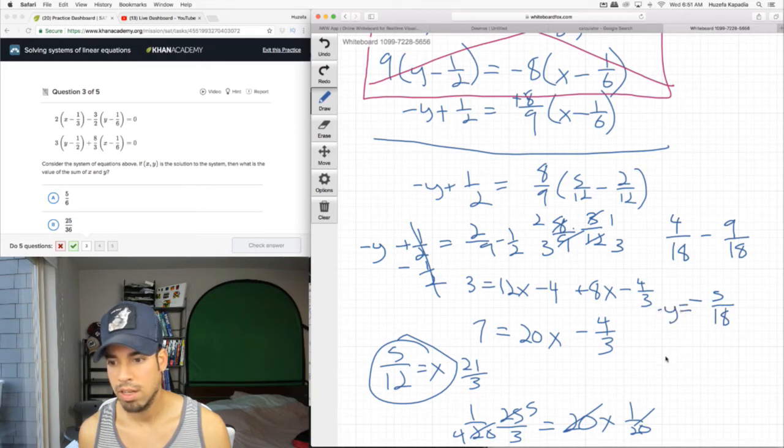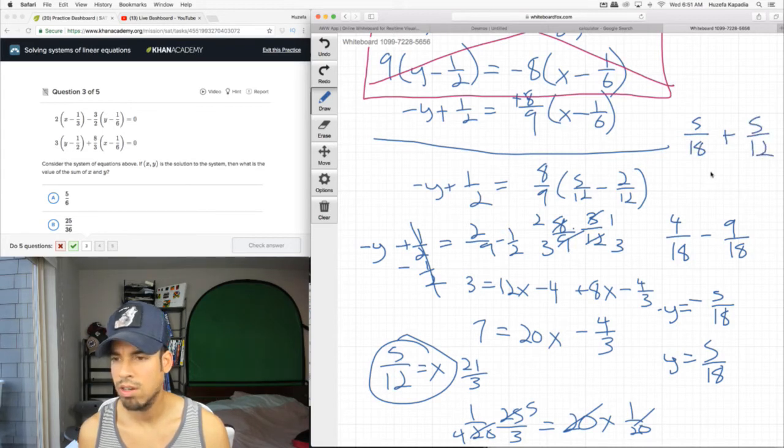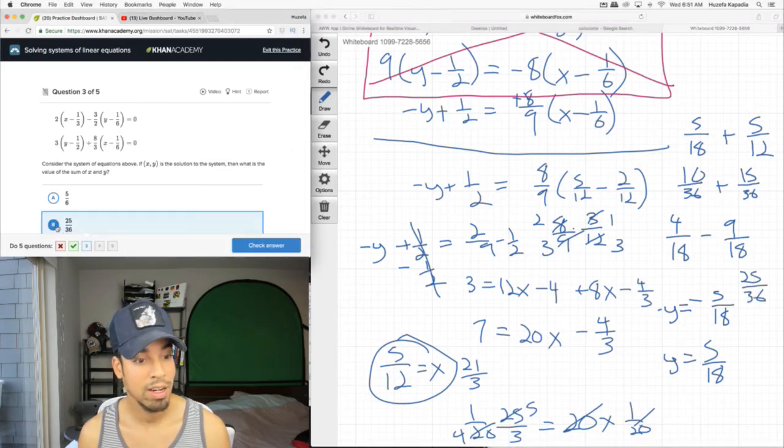Negative y equals that, and then y equals 5/18. Oh my gosh, so what is the sum of 5/18 and 5/12? Is this really that hard? All right, so this is 10/36 plus 15/36, and this is 25/36. Let's see if that's right.